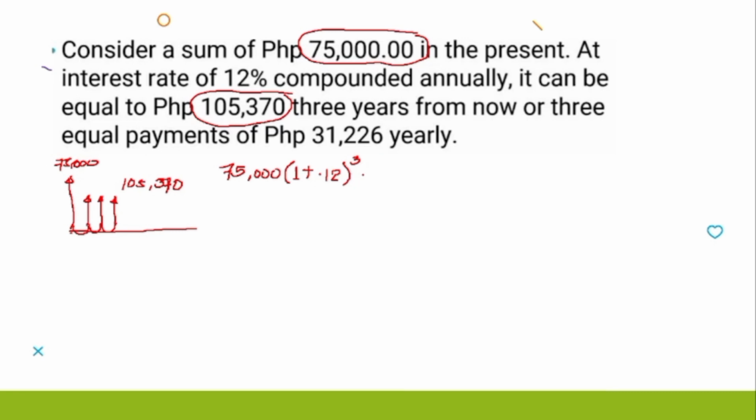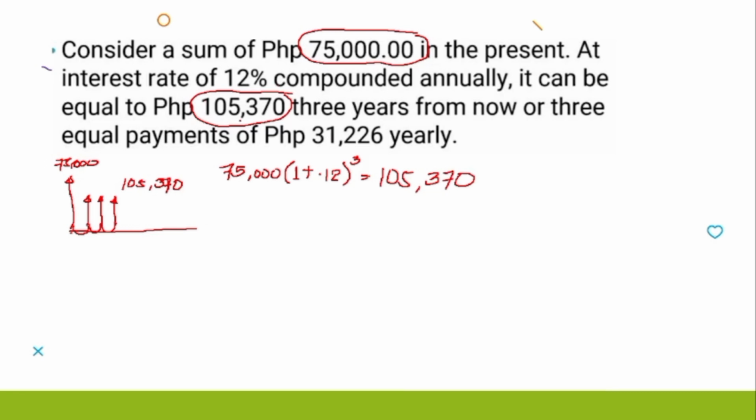So that would be 75,000 times 1.12 raised to 3. So yan, equivalent sila ng this one. This is equivalent to 105,369.307.